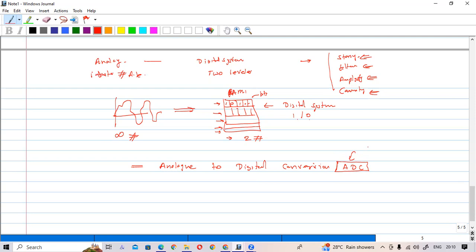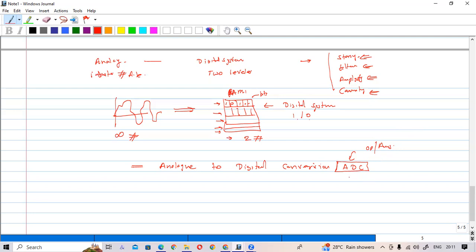Using op amps, we can very easily design analog to digital converters. Maybe in your digital electronics subject, you will learn how to design an analog to digital converter using op amps.